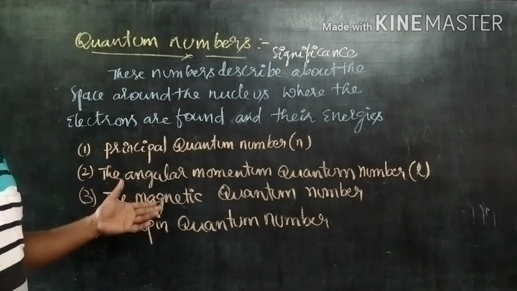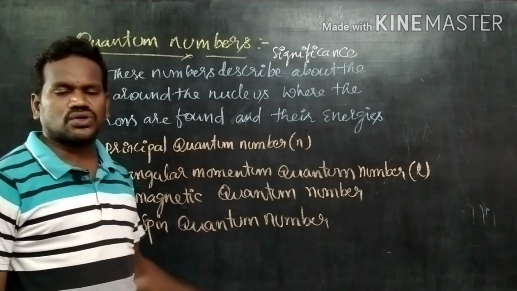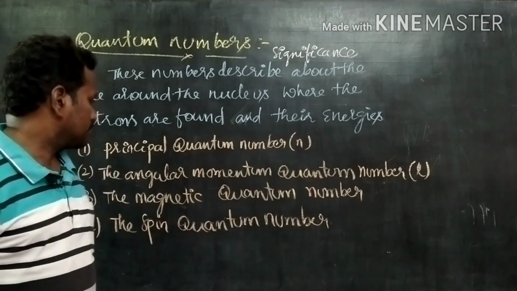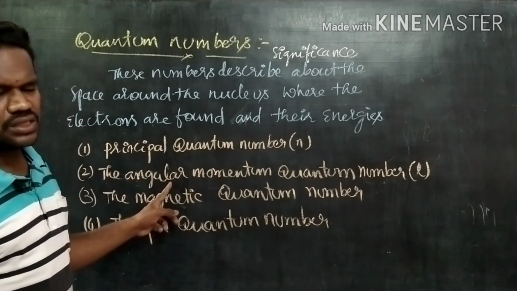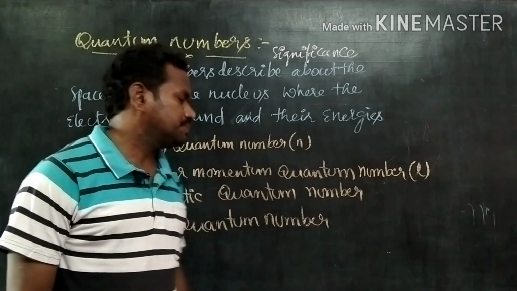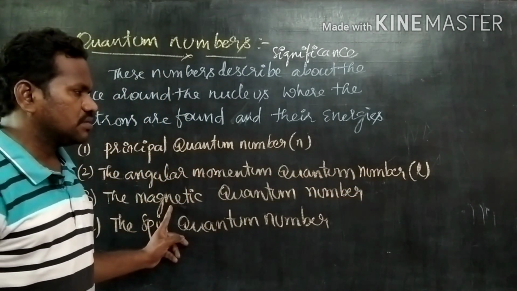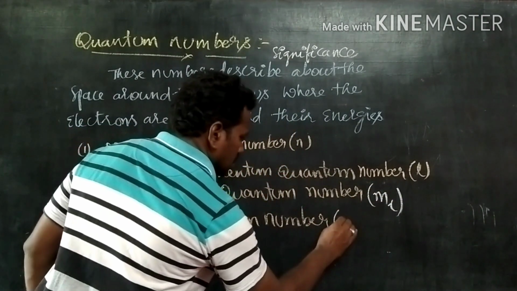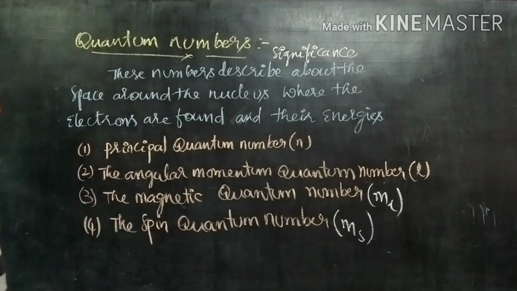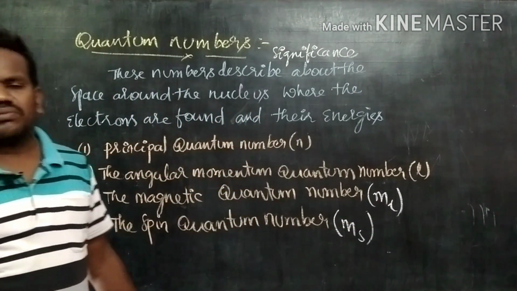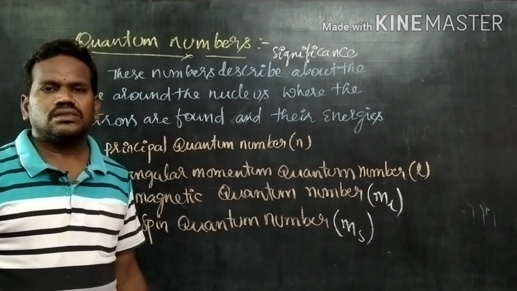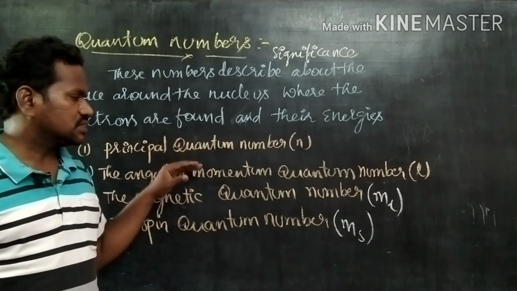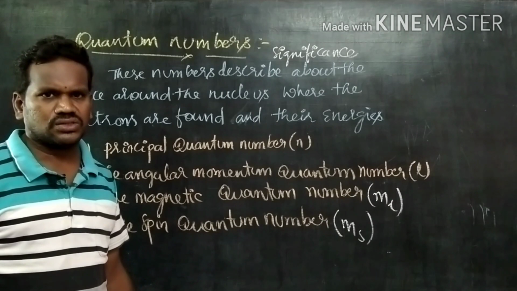Now, there are totally 4 quantum numbers. Those 4 quantum numbers are the principal quantum number, represented by letter N, the angular momentum quantum number, represented by letter L, the magnetic quantum number, represented as ML, and the spin quantum number, represented as MS. These 4 quantum numbers indicate and study the various main levels, sublevels, orbitals and electrons.